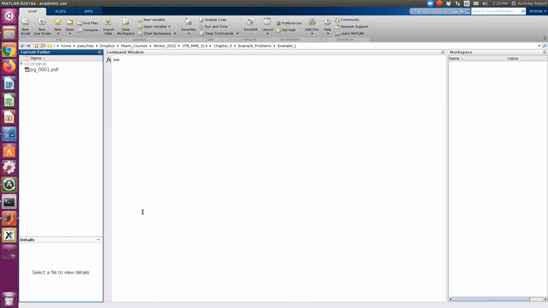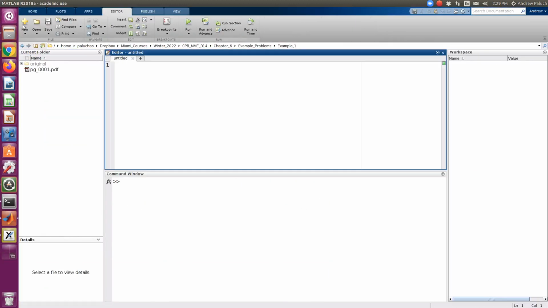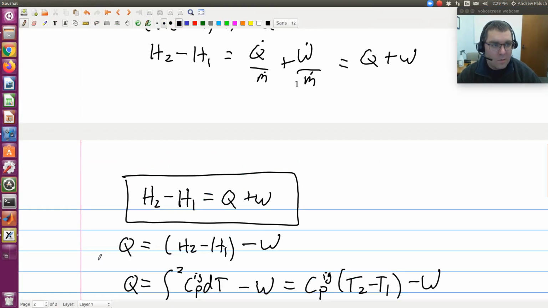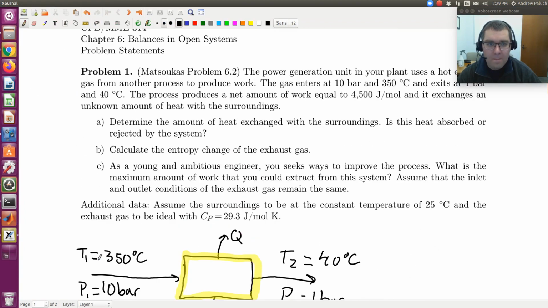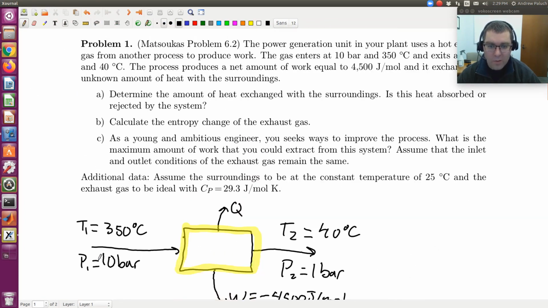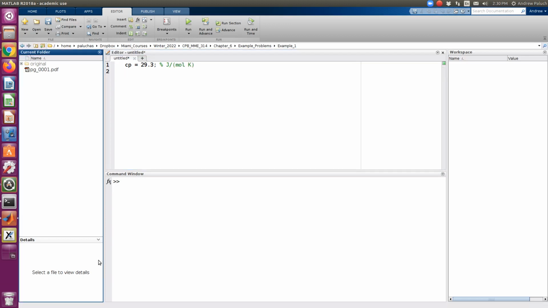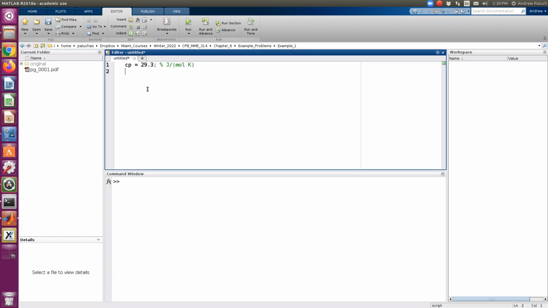All right, so I'm going to jump over to MATLAB here, and let's get things set up to compute. Let me get Cp. So Cp is 29.3, and this is joules per mole Kelvin. We're going to need T1 and T2.